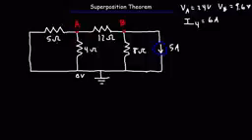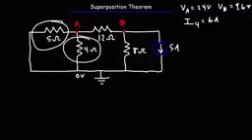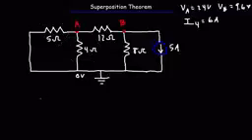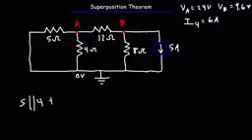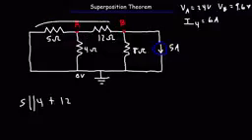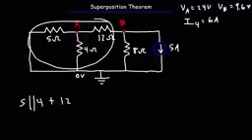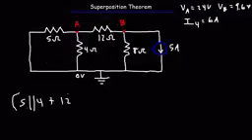Right now we can clearly see that the 5 ohm resistor and the 4 ohm resistor are parallel to each other. And they're in series with the 12 ohm resistor. And then these 3 resistors are parallel to the 8 ohm resistor. So let's do the math.